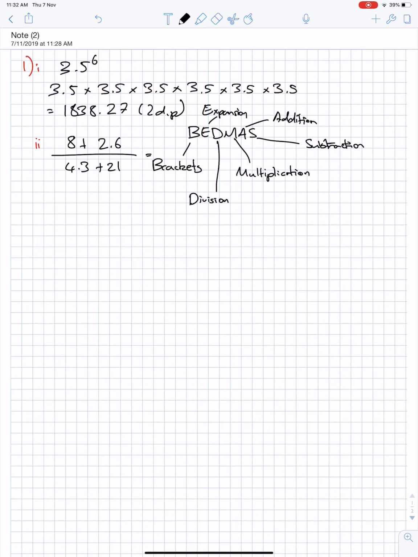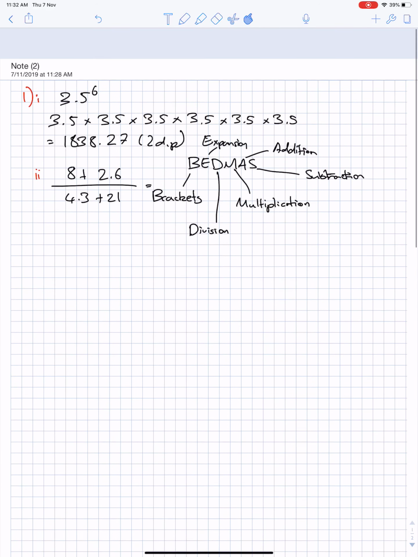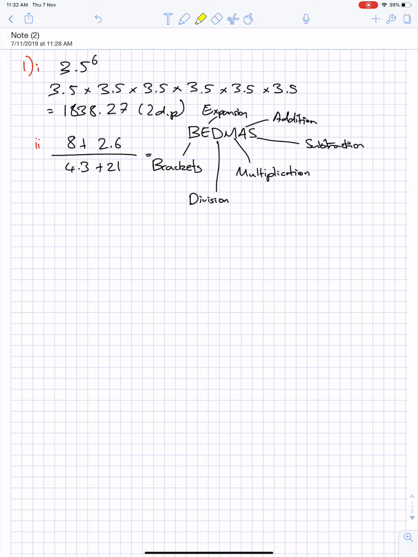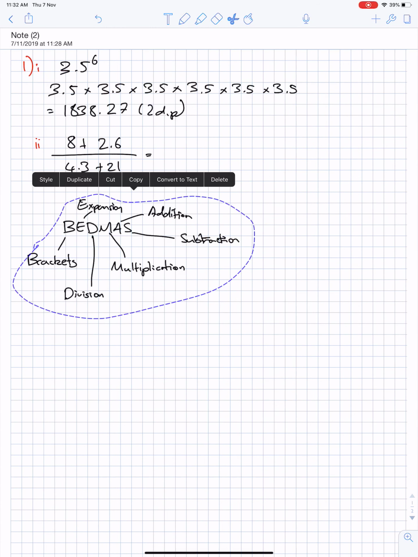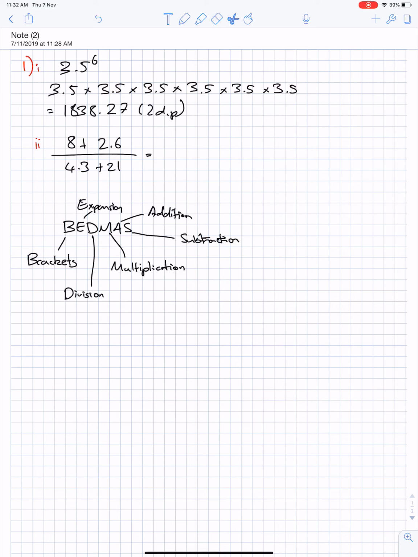So whenever you've got a question that has addition, multiplication, or any combination of these, you've got to follow the BEDMAS acronym to work it out. So division is first.